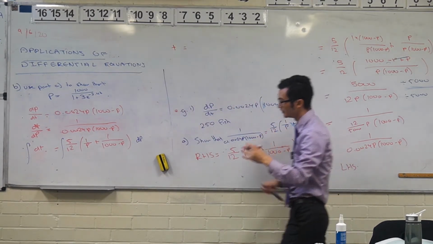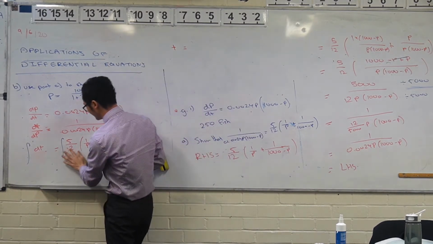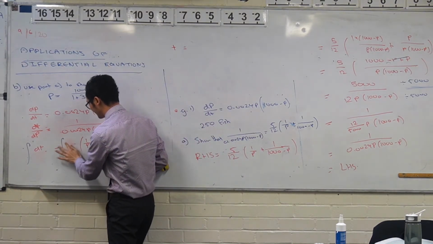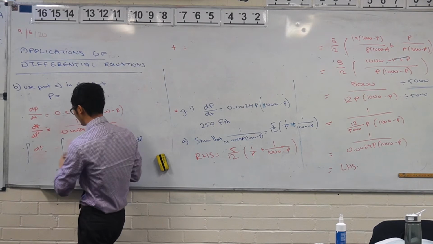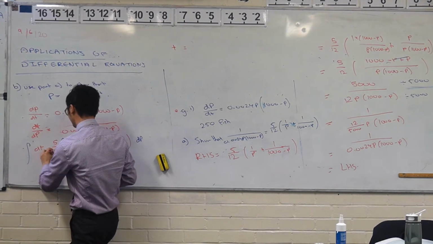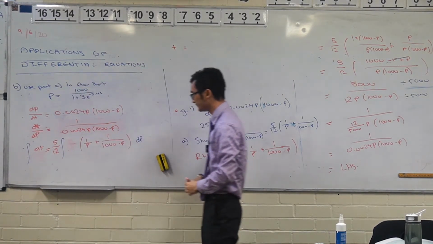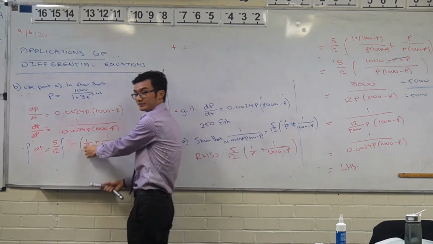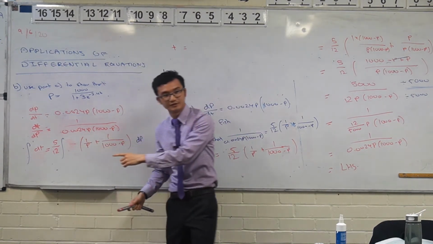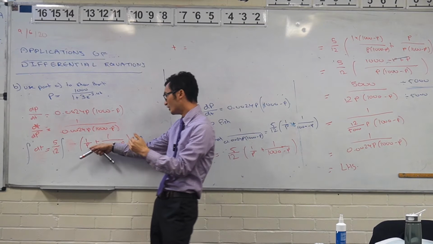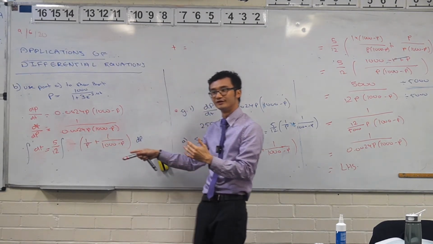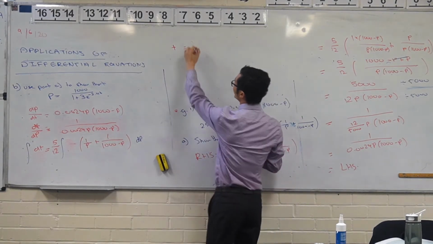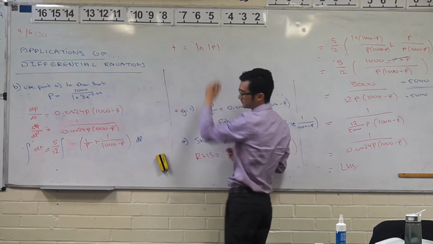Now with constants, what I might do is take that constant out and put it outside the whole integral. That just makes my integration a bit easier. This one's going to be nice, yeah? This is just 1 on p. I already have the derivative of this denominator on the numerator, yeah? So that's just your basic log. That's just ln of p.